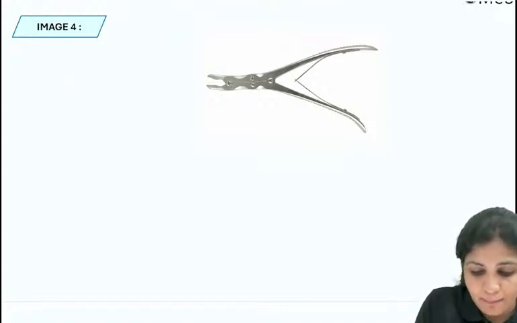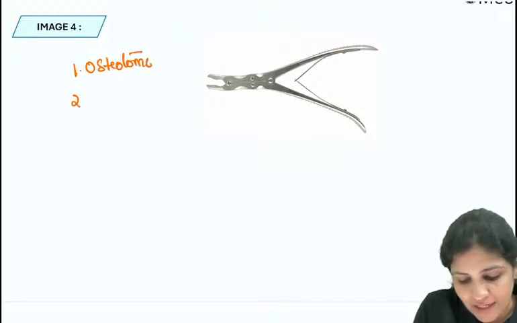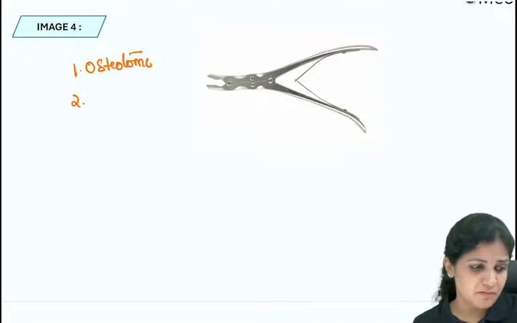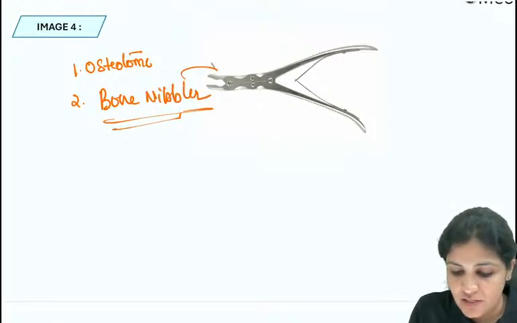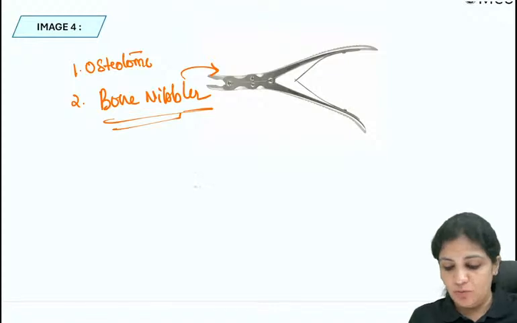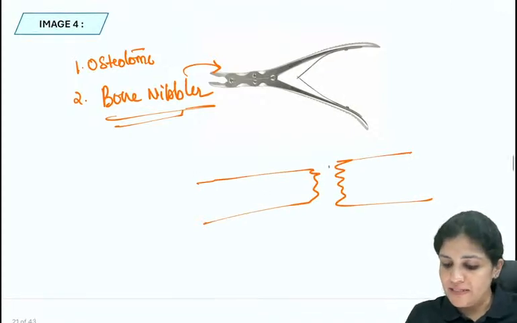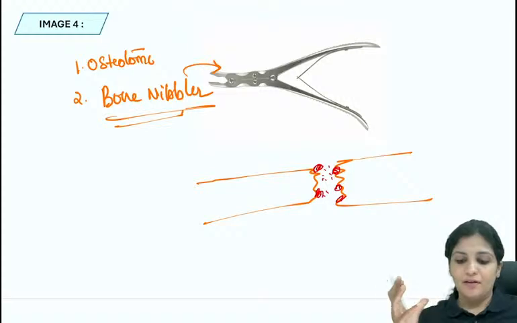Now, implants and instruments. One instrument we have dealt with is the osteotome. We have told that it is used for excision. Then what is this? Faster. Yes, it is a bone nibbler. So when do we use it? Usually when we see a fracture with small fragments attached to it, we try to trim the bones.